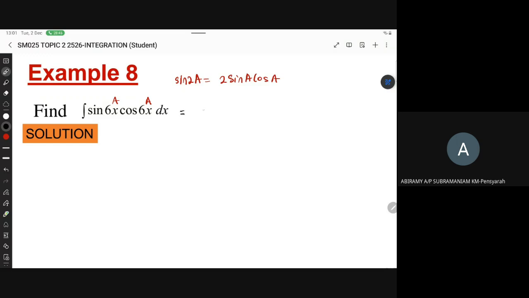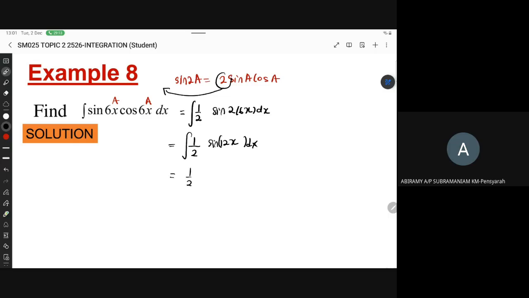So this is equal to the integral of, since there is a 2 in front, if we bring it to the other side, it becomes 1 over 2 sine 2a. A is 6x, dx. So it will become 1 over 2 sine 12x dx. Okay, so what happens when we integrate sine?